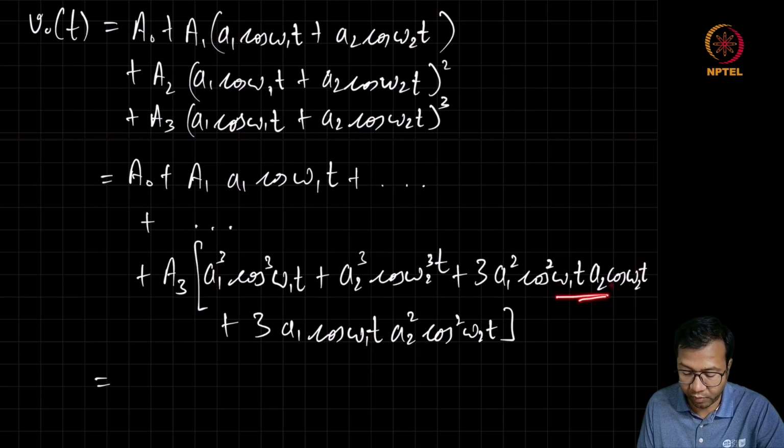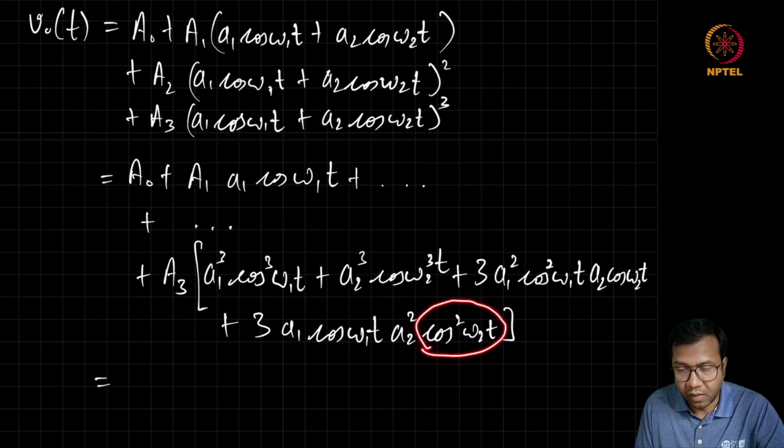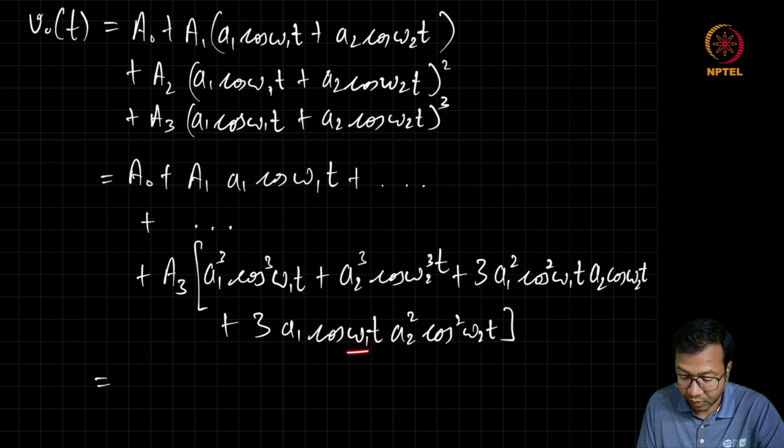So again, nothing at omega 1. Whereas if you look at this term, we are getting a DC component as well as 2 omega 2, and when it is multiplied with omega 1, we will be getting a term at omega 1 also.